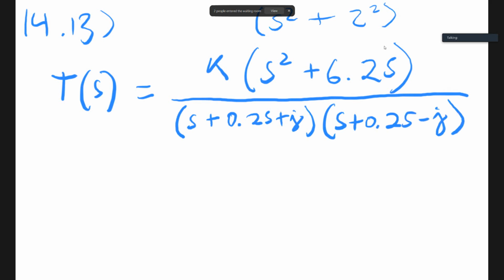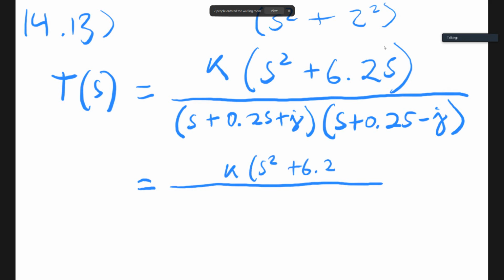And then we can just multiply that out, and we get the same thing in the numerator, but in the denominator we get the expanded polynomial, so that would be our transfer function.